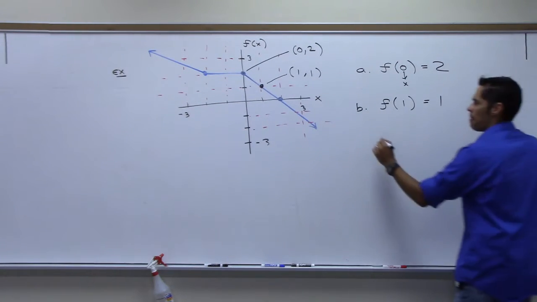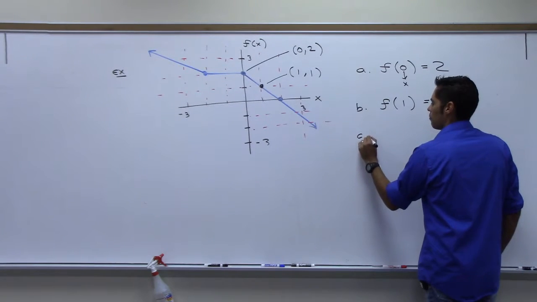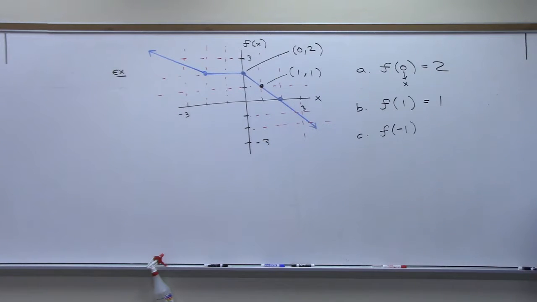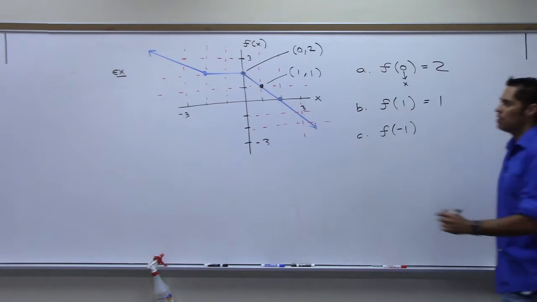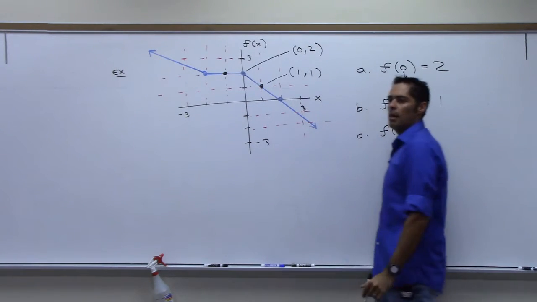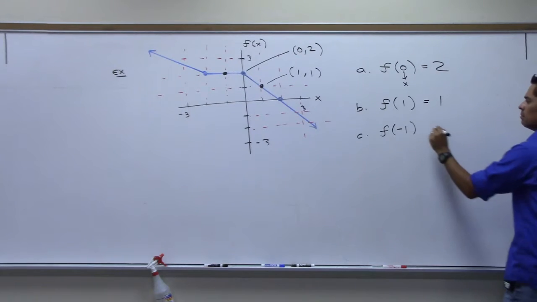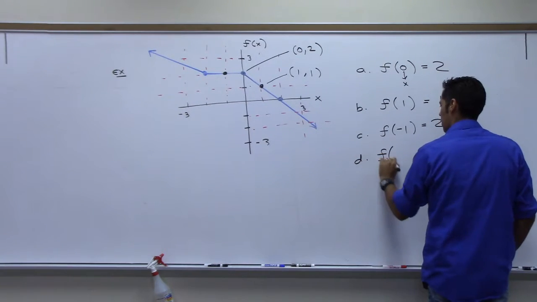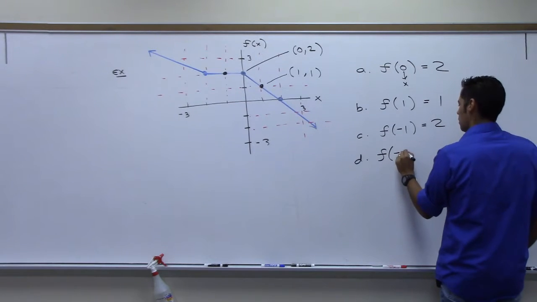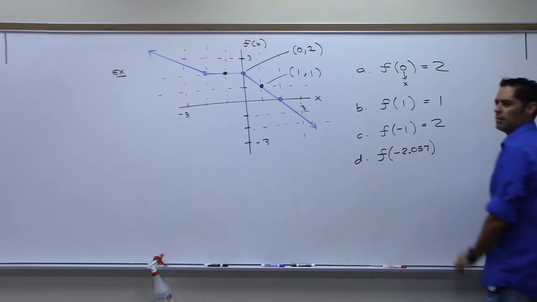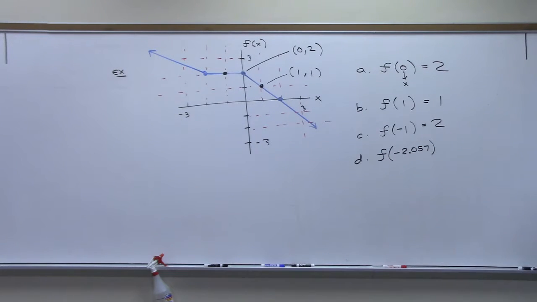What's f of -1? 2. Because you go to -1, you look up, right here. That has the coordinates -1, 2. What's f of -1.05?